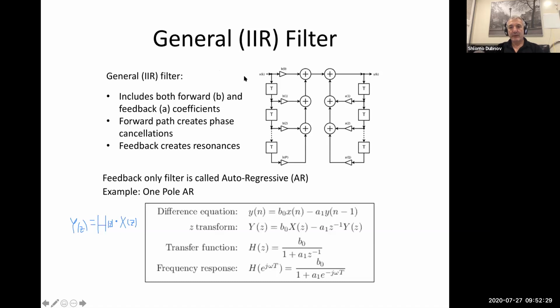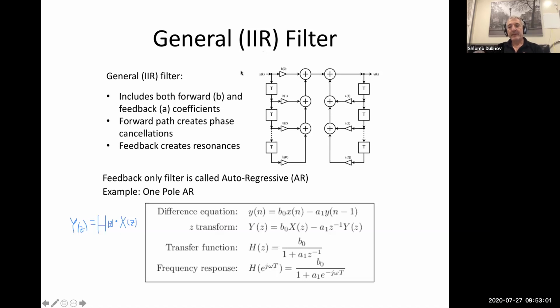If you bang it with an impulse and you don't have the autoregressive part, it's pretty evident that the impulse will output B0, then pass here and output B1, because there's nothing coming new. After a delay, you'll see B2.